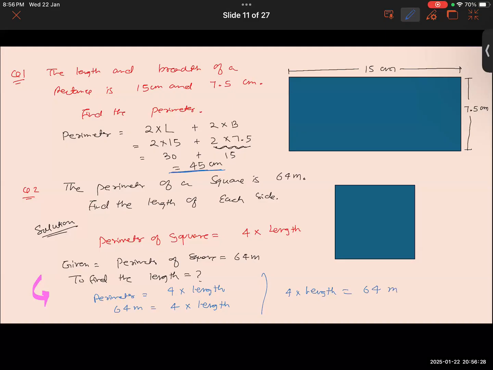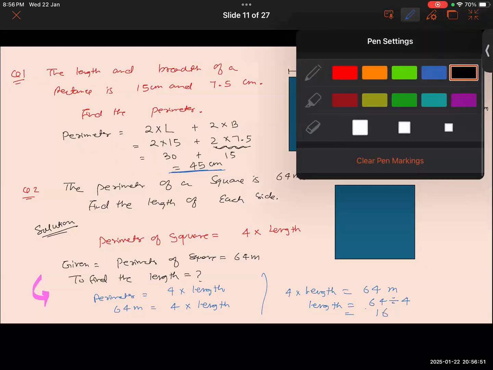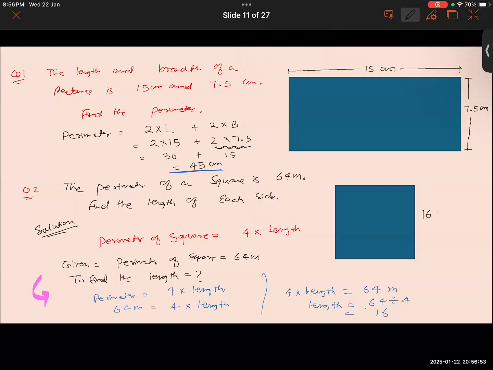Will that be an issue? No. I can write it like this now. Good. Now, can I write that length equals 64 divided by 4? The 4 here was in multiplication. When you bring it to the other side of the equal sign, it goes in division. So 4 goes in division with 64. Thereby that is equal to 16. So hence the length of each side is equal to 16 meter.